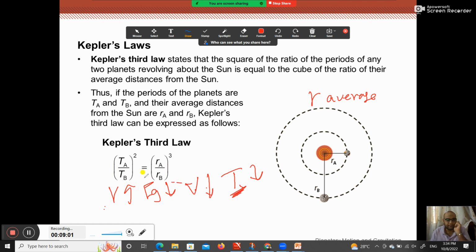So by increasing the average radius, the gravitational force between a planet and the sun decreases, and also the revolution velocity of the planet decreases, and also the periodic time increases. Kepler found a relation between the periodic time itself and R, which represents the average radius.